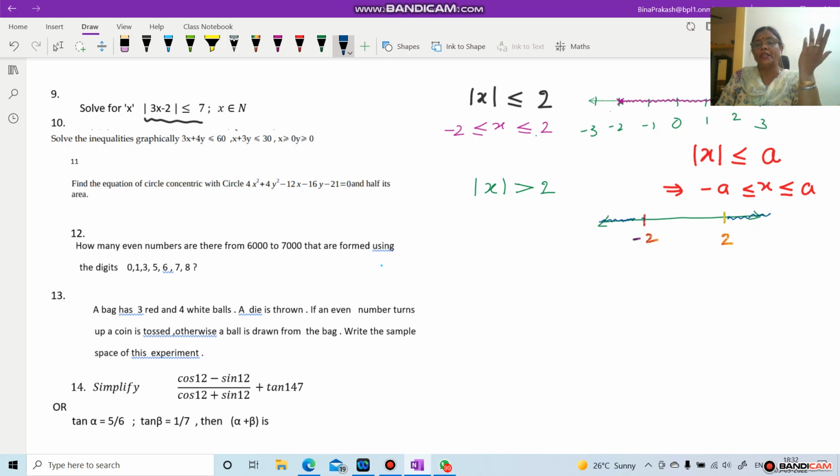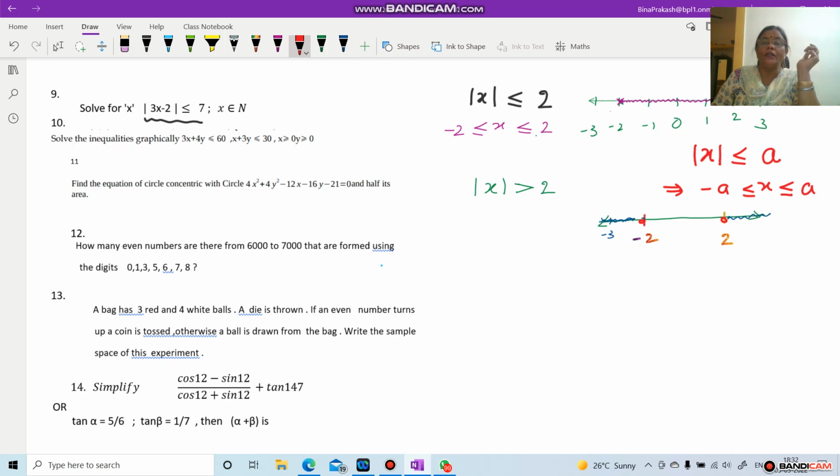Check it. You take 3, 3's modulus is 3, which is greater than 2. Take -3, what is the modulus of -3? It's 3, which is greater than 2. So the values lying in this region satisfy this inequality. Now the question is, should we include 2? 2 is not included. So how do we represent that on the number line? It is represented with the help of a small void. We put a small circle which says that that point is removed.